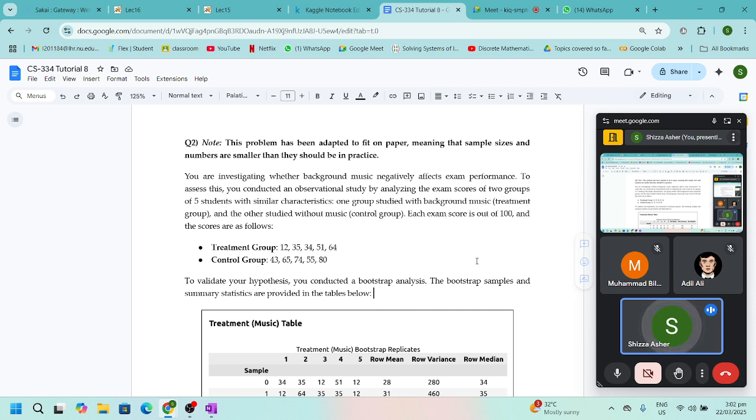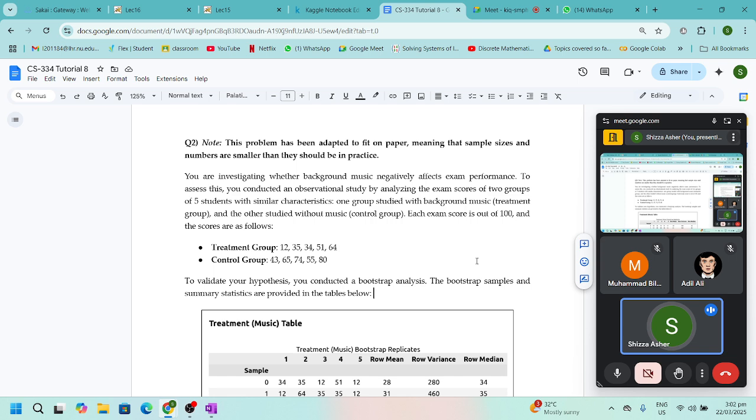So you are investigating whether background music negatively affects exam performance. To assess this, you conducted an observational study by analyzing the exam scores of two groups of five students each with similar characteristics. All right, everything else is similar. We have two groups, each with five students. One of these groups studied with background music.